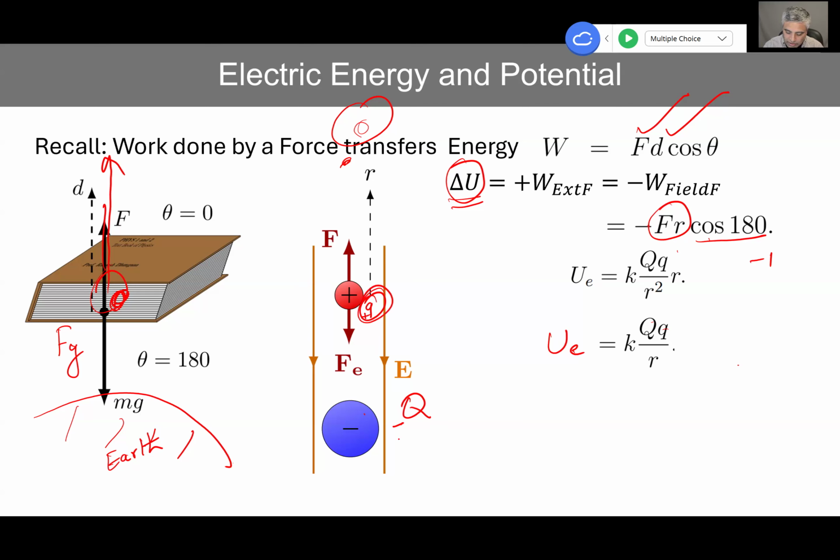One positive, another negative means electric potential energy is going to be negative, just like we saw over there. But if this charge was also negative, then this Q negative and this Q negative means double negative, and the product becomes positive, right? So that's how we can determine the sign of potential energy. Where does the sign of potential energy come from? It comes from the sign of charges.